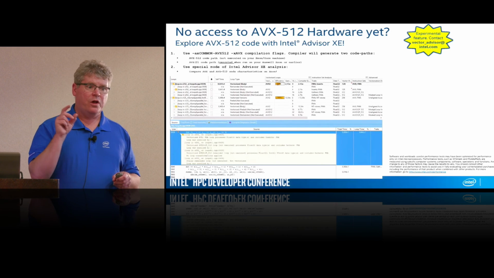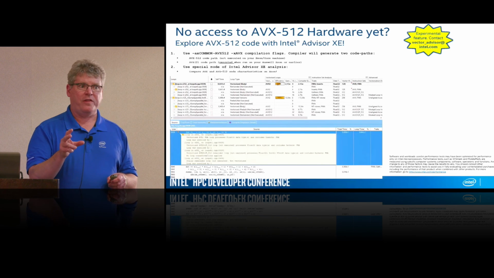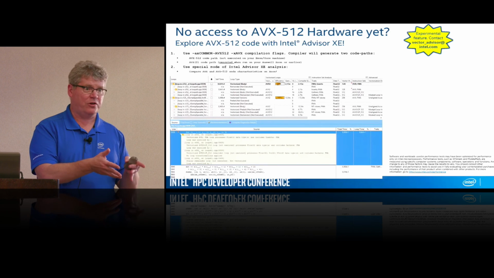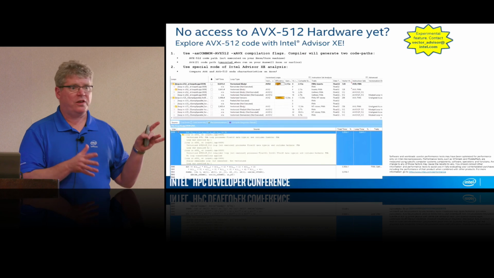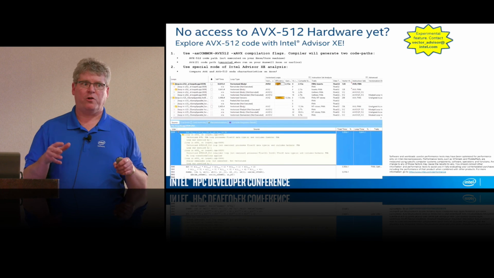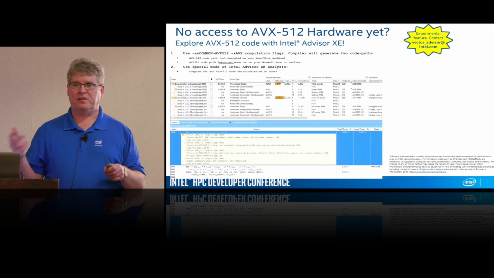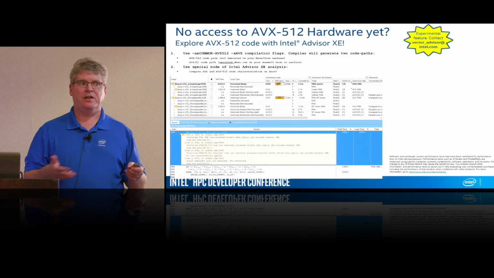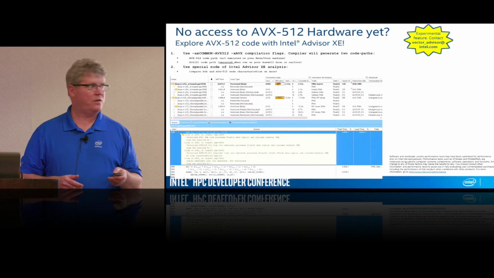So even though you're getting timing only on the AVX2 portion of the code, because that's all you have in your target, we also can give you insights on AVX 512, even though we're not currently running that. So again, this is experimental. If people are interested, please come see me or send email, and we can enable you with that feature.